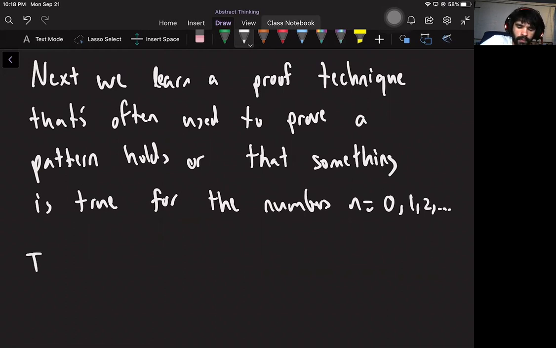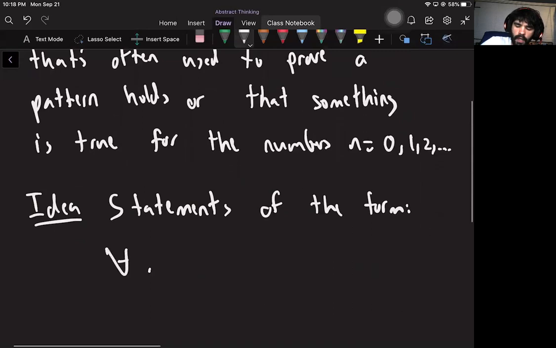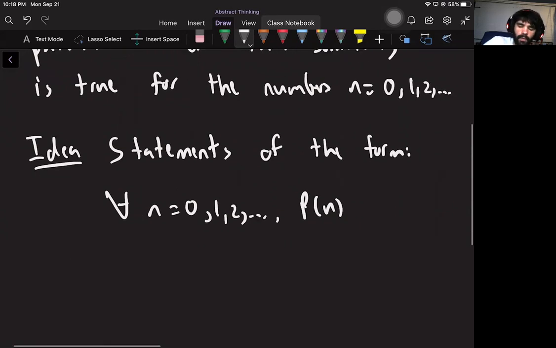Okay, so to get the idea across, let's think more symbolically. The statements will be of the form: for any n equal to 0, 1, 2, dot, dot, dot, and then some statement involving n. Or it might start at 5 and go up forever.